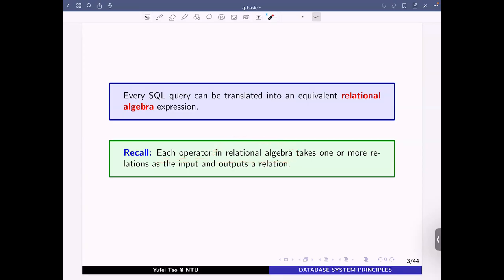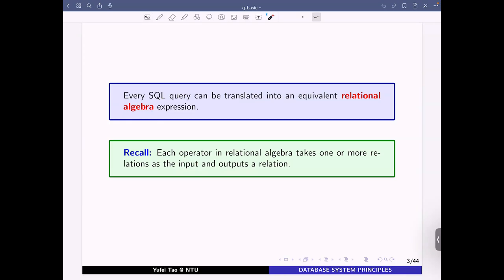Okay, and for every operator, you get to talk about the input and also the output. Okay, just like arithmetic algebra, you take numbers as input for an operator. For example, a plus b, right? A and b, they are the inputs, and then what will be the output?